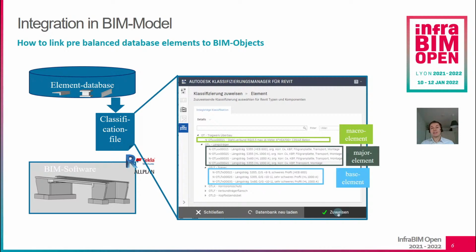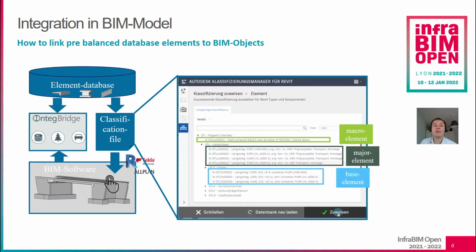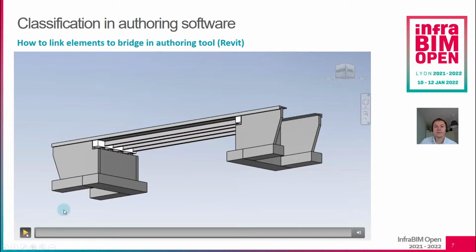And all these elements have to be assigned depending on how far my bridge is in the planning process. After these elements are assigned manually, the BIM model can be exported to our evaluation algorithm, and then combined with the element database, the evaluation can occur.